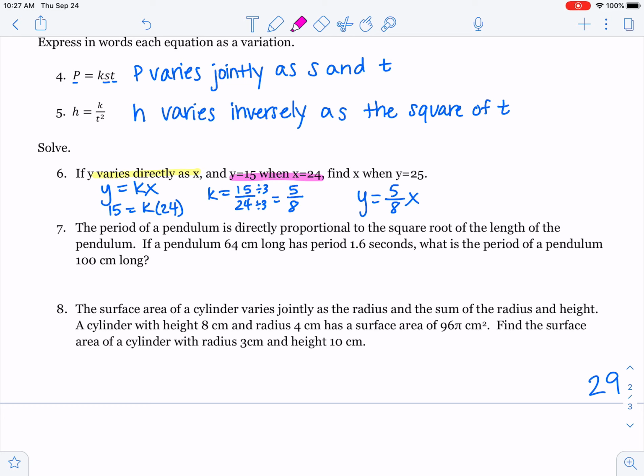This question wants us to go one step further and wants us to find x when y is 25. So now that I have k, I can plug in 25 for y and solve for x. Multiply by the reciprocal.